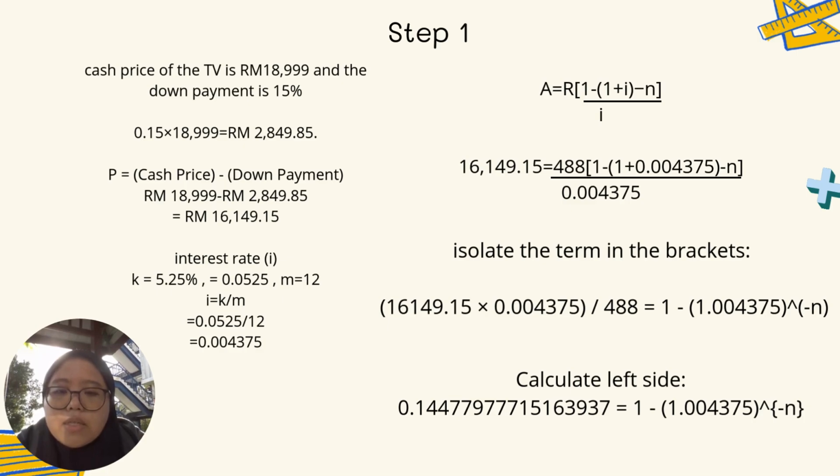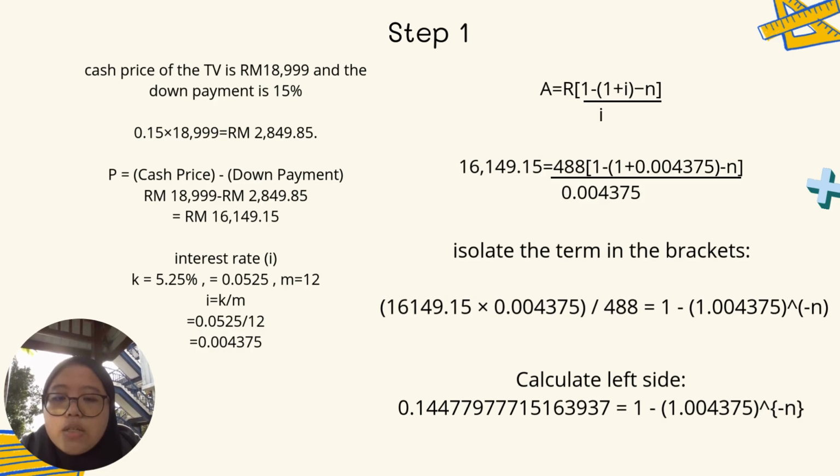In bracket 16,149.15 multiplied by 0.004375 closing bracket divided by 488 equals 1 minus in bracket 1.004375 power of negative n. First, calculate the left side: 0.14477977715163 equals 1 minus in bracket 1.004375 closing bracket power of negative n.